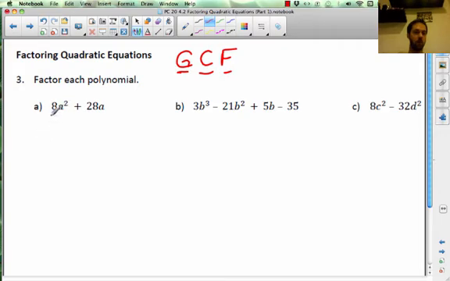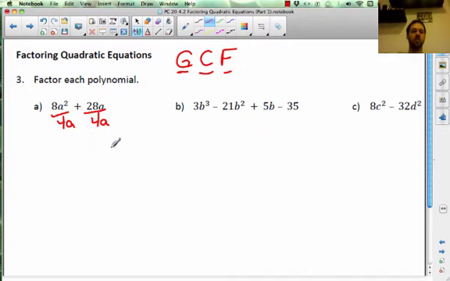Both of them will. So we can take out a 4, and notice that this one has 2 A's in it and this one has 1 A. Now we can't take out 2 A's because this guy doesn't have 2 A's to spare. So we're limited by the minimum amount that's present, but each of them has at least 1 A to spare, so we can take out an A.